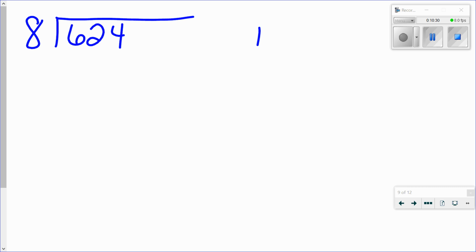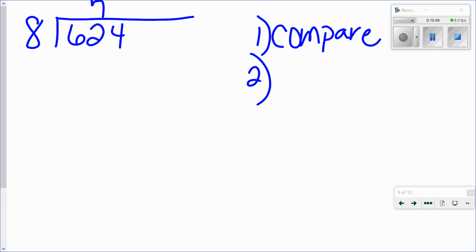All right, so there are steps. Compare. That's what I call the first step. That's where we look at the problem. We go, 8 goes into 6. No, it doesn't. 8 goes into 62. Okay, it does. So I put a 7 up there because that's how many times it goes into 62. Step 2 is to multiply that 7 by the 8.